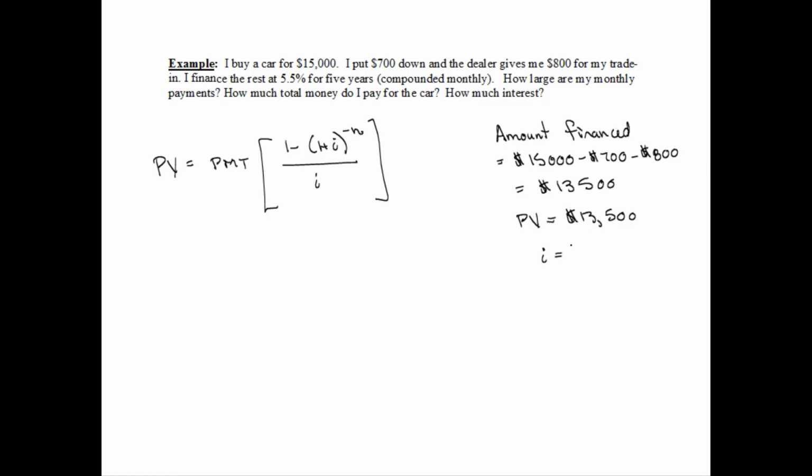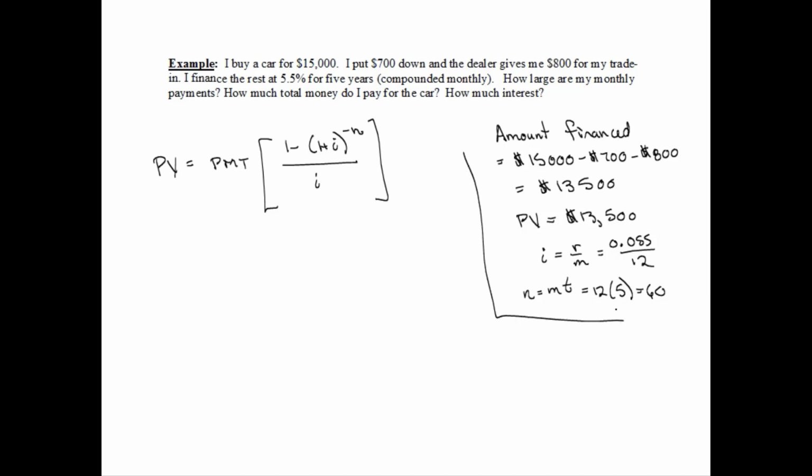My i is equal to r over m, so 0.055 divided by 12. Again, don't round that number until the end. The number of payments: I'm financing this for 5 years, and I'm making 12 payments per year, so 12 times 5, which is 60.